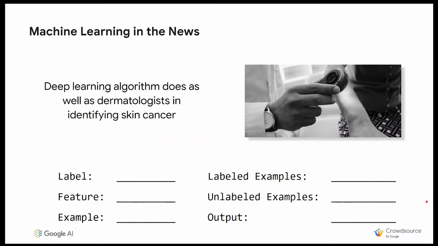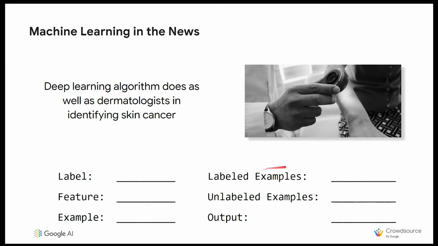Otherwise, it's unlabeled. So what can be the output here? You input the labels, you input different examples, like images and everything. So what are you expecting out of the skin cancer machine learning model? Is it a skin cancer or not? Yes, that's correct. So we should never forget our objective.